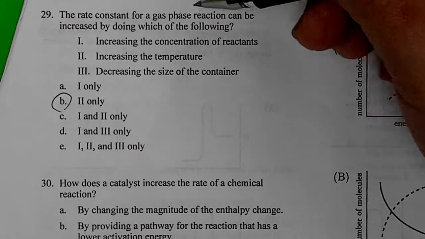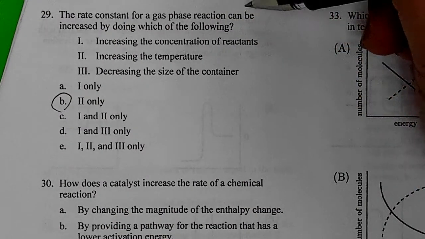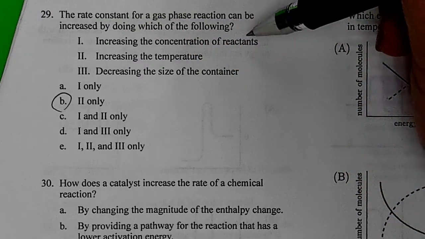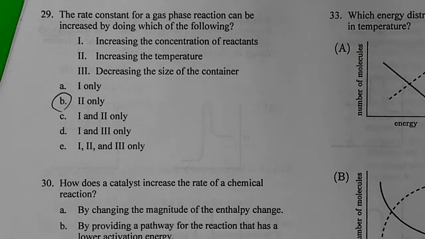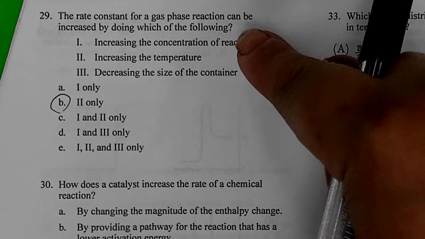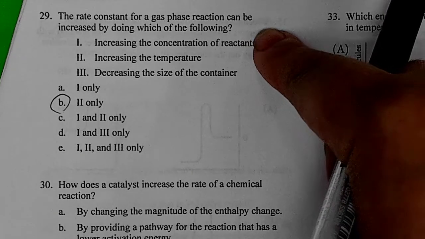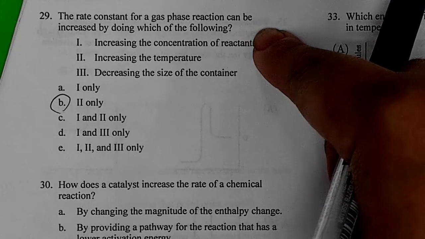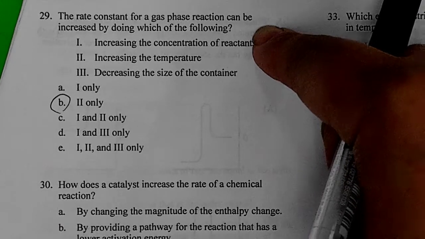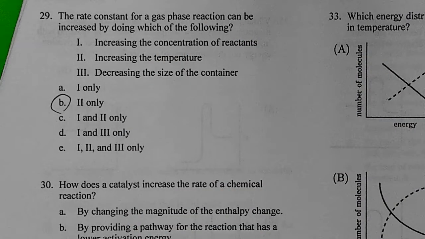So the rate constant for a gas phase reaction can be increased by doing the following. So gas reaction, how do we increase the rate? Now you said increase the concentration of reactant. Wait, no, it's a gas. In a gas, increasing the concentration of reactants. Well, if I change my volume, you will still have an issue with that one.